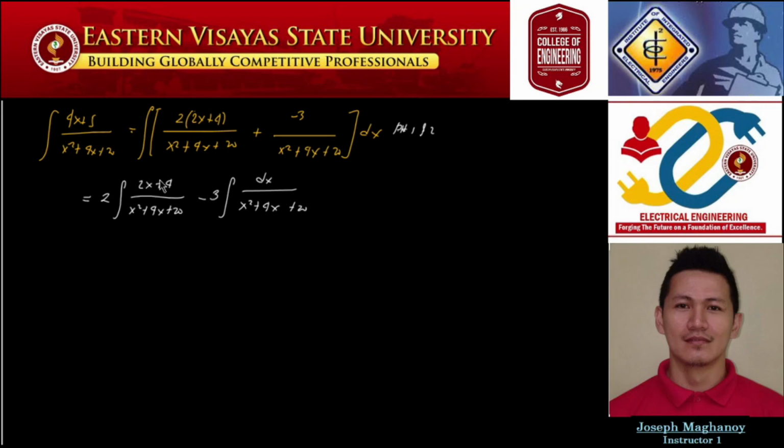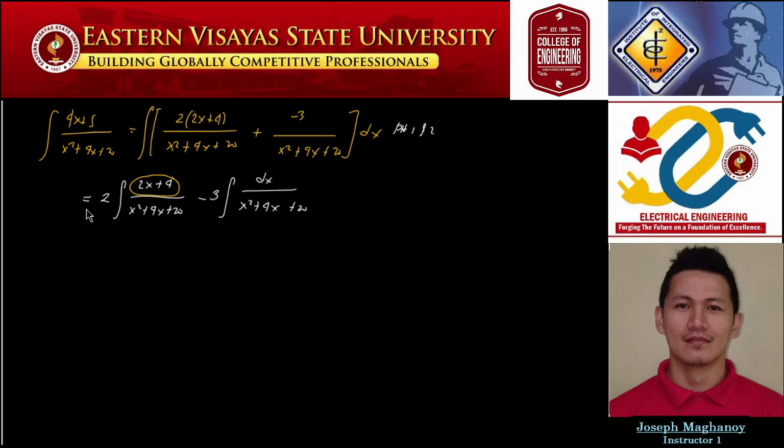In our first term, we can use our logarithmic formula right away. Take note that 2x plus 4 is the first derivative of your x squared plus 4x plus 20. So you don't need to integrate that one. It will go back to its original form if you're going to integrate.